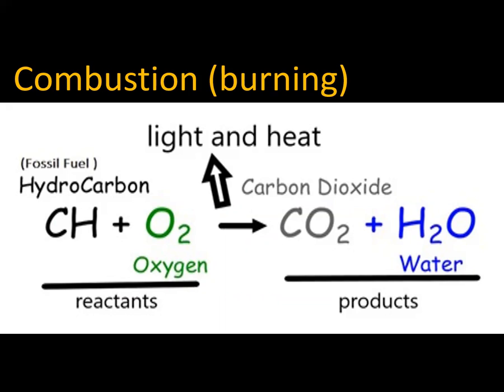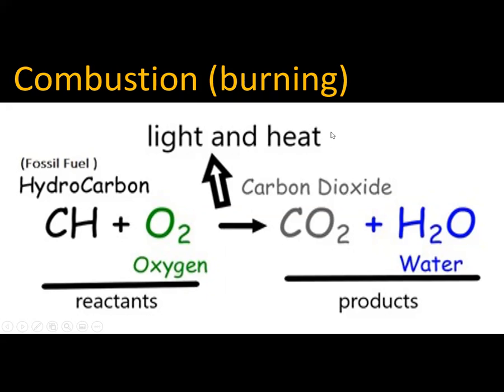The difference between combustion and the nuclear processes is that in combustion, you need oxygen. You need oxygen to burn the fossil fuel. The fossil fuel can be coal, oil, or natural gas in order to produce light and heat and the byproducts carbon dioxide and water.